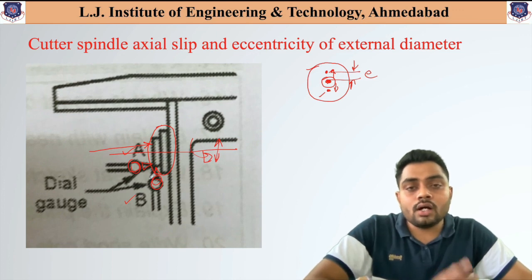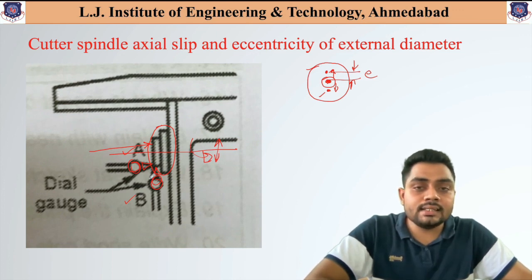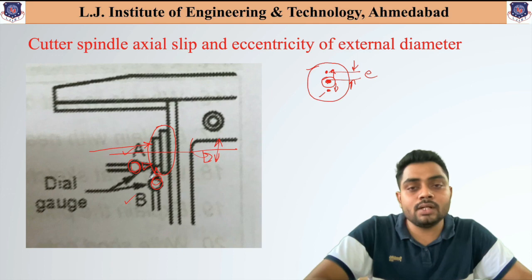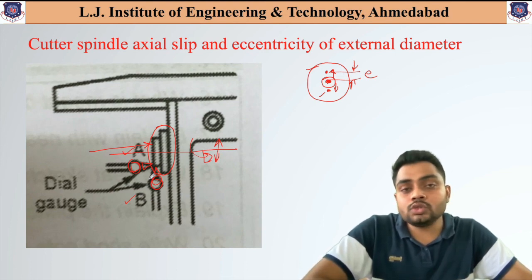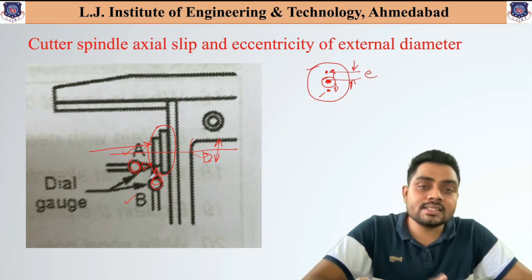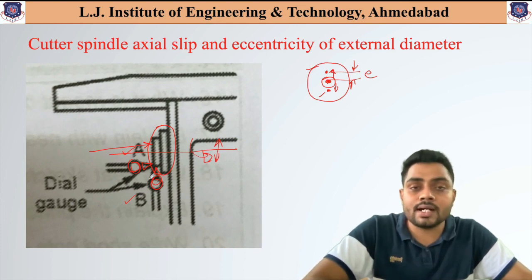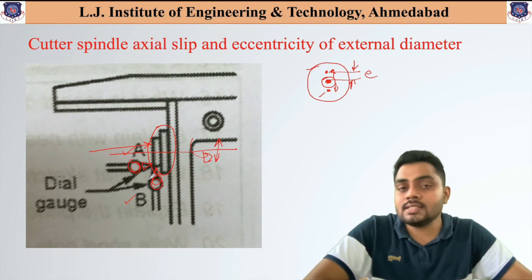I hope you got clarity regarding the different alignment tests available. There are wide varieties of tests, but a few are indicated over here so that you can understand how the alignment tests are carried out to check the alignment, parallelism, or movements of the parts with respect to the other parts available.